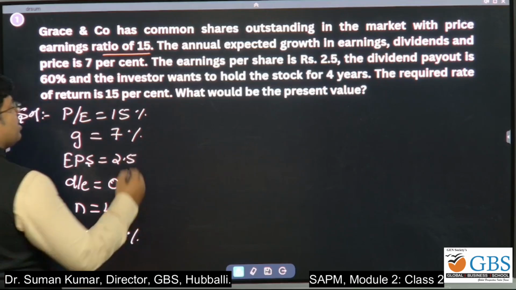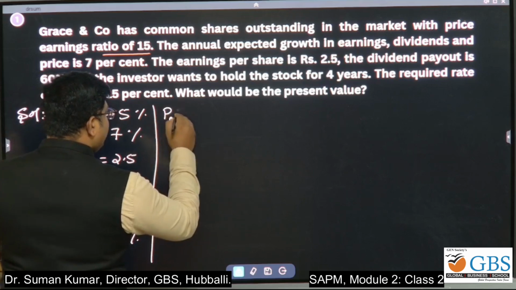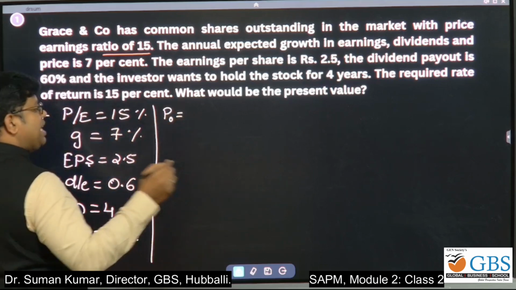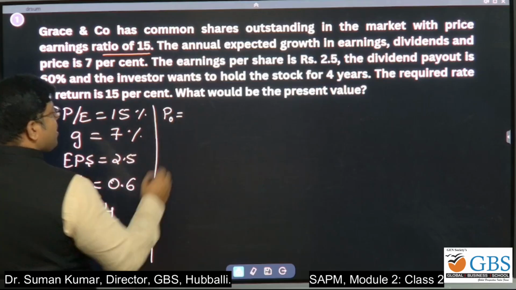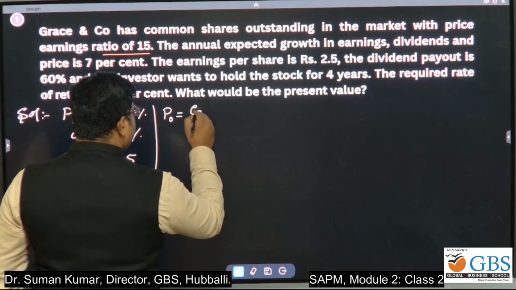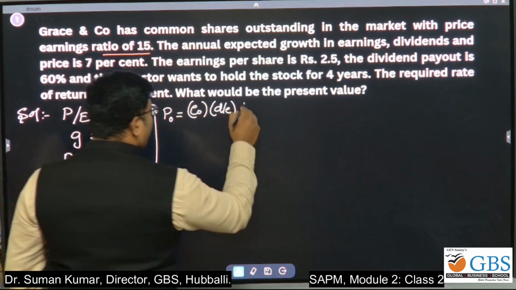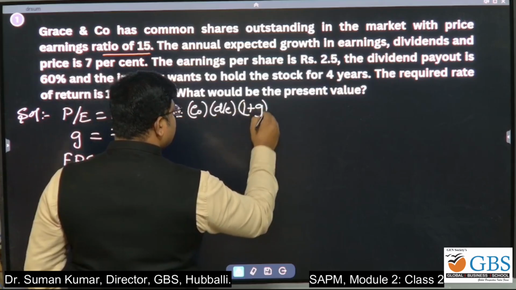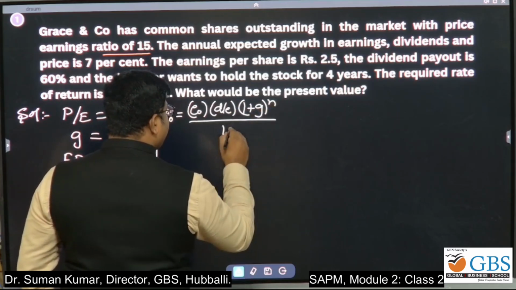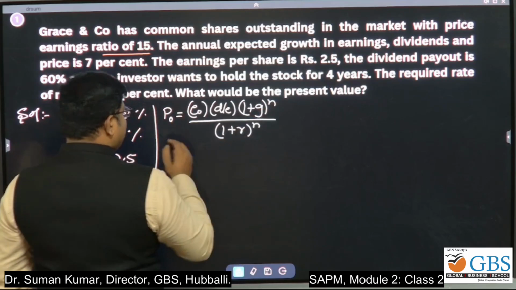First let me write down the formula, that is P naught is equal to, can you please help me out to write down the formula? That is first one, E naught into D by E, 1 plus G raised to N whole divided by 1 plus R raised to N, that is summation.